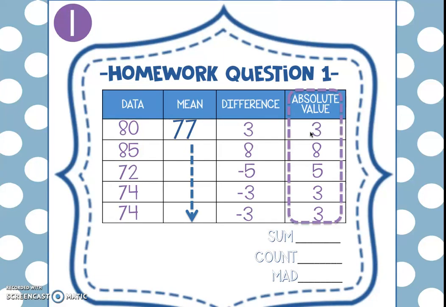So when we add them up, we get the sum of 22. We know we have 5 pieces of data in our data set. So our count is 5, and so we're going to divide that number by 5. We get 4.4 as our mean absolute deviation. So that tells us that each number is either 4.4 points above or below the average.